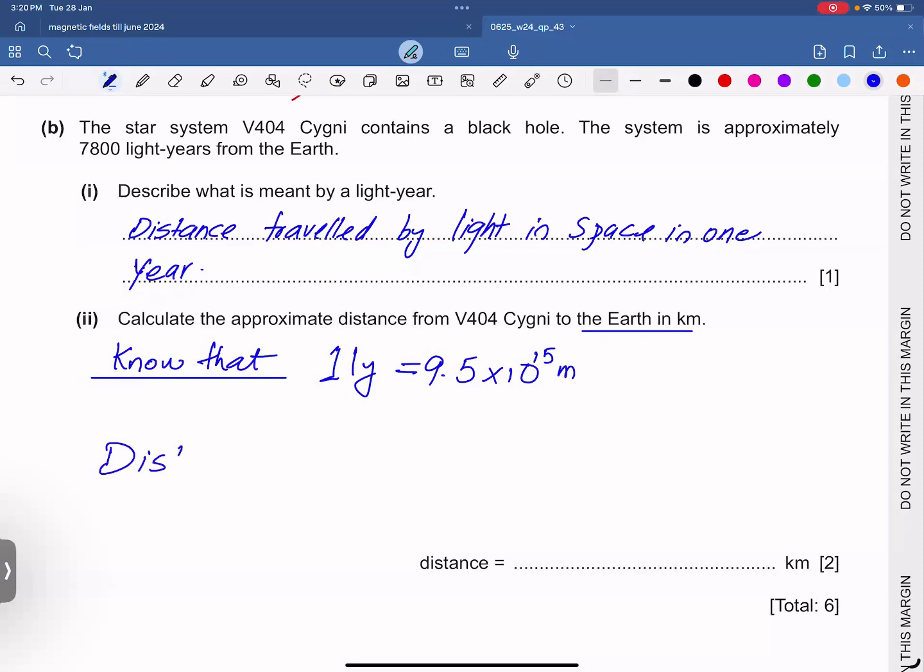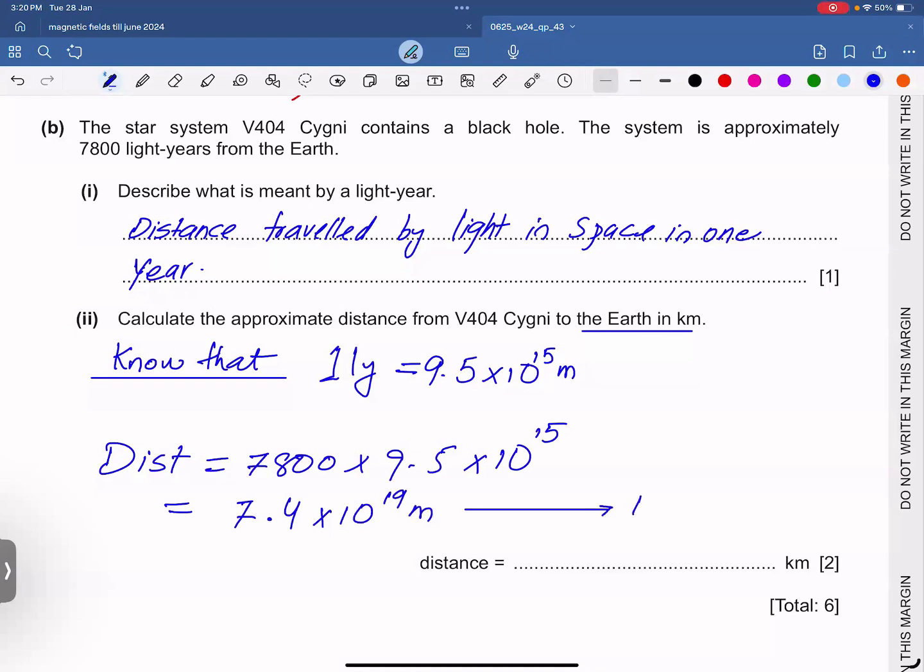Then your total distance will be 7,800 times 9.5 times 10 power 15, which gives you, after multiplication, 7.4 times 10 power 19 meters. Now you want to change into kilometers. You divide by 1000, the answer will be 7.4 times 10 power 16 kilometers.